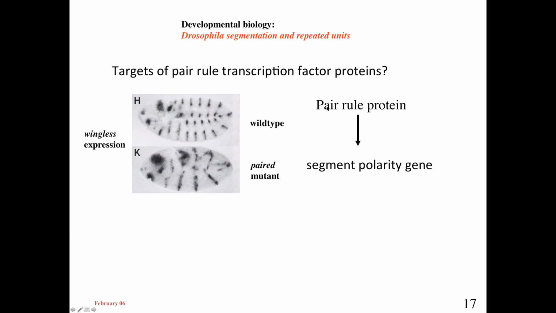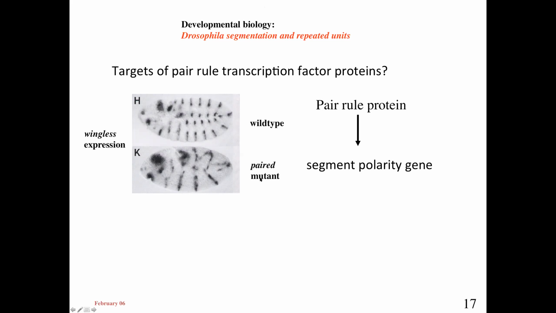Essentially, in a pair rule mutant, the segment polarity genes were missing. If it had been the other way around, you would have seen a segment polarity gene affecting the expression of a pair rule gene. But that wasn't seen. What was seen is that if pair rule genes are mutated, the segment polarity genes were lost.